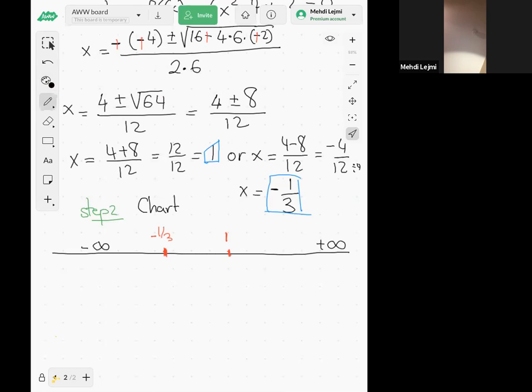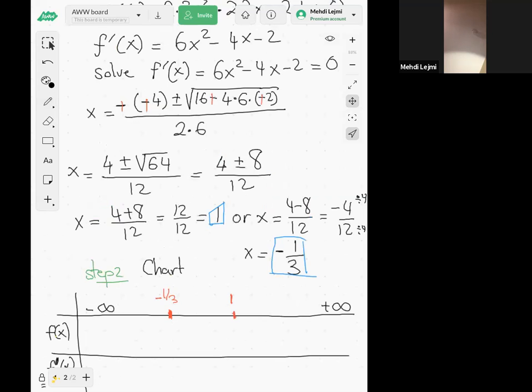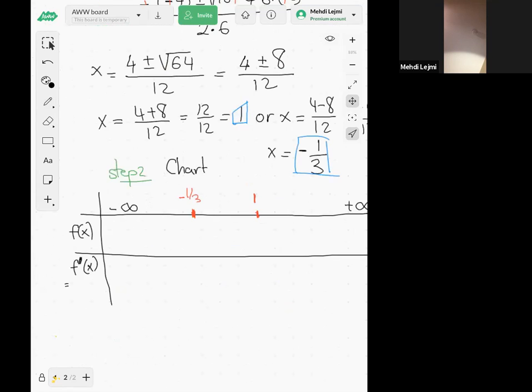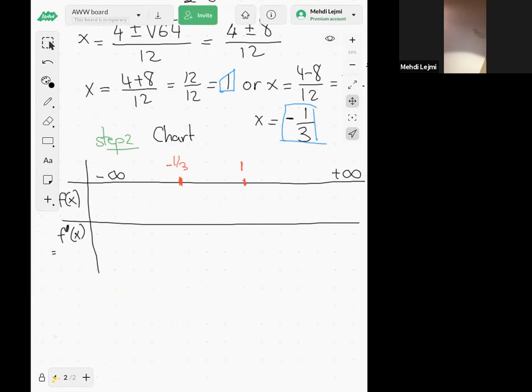Now, the first row will be my f of x. Here's my f of x. And the second row will be f prime of x. We just compute f prime of x. It's 6x squared minus 4x minus 2, right?